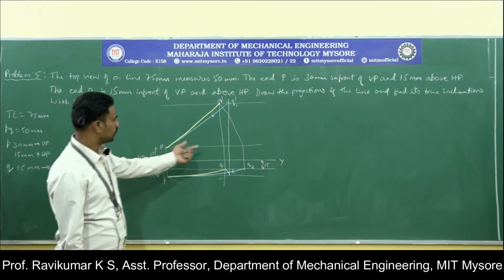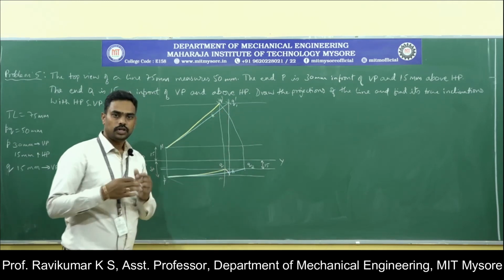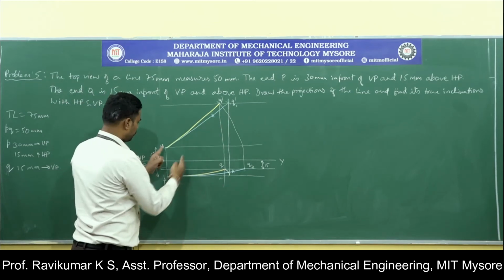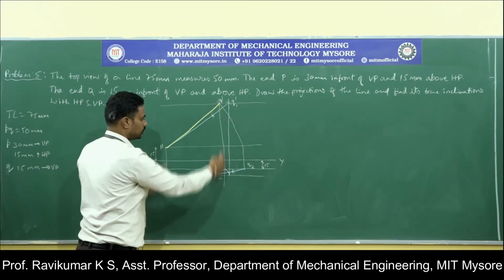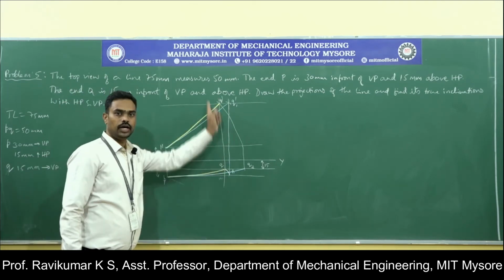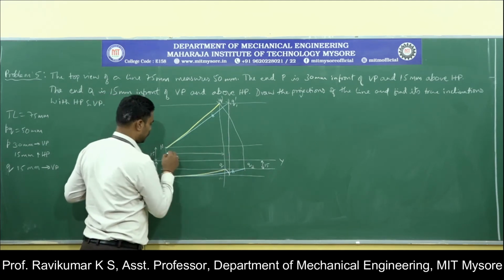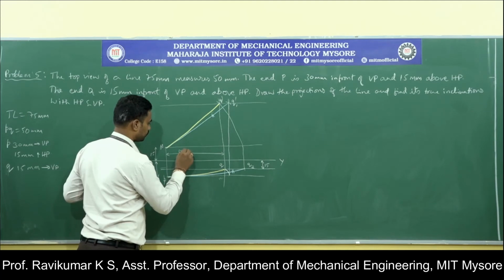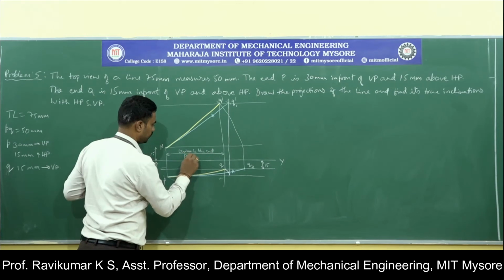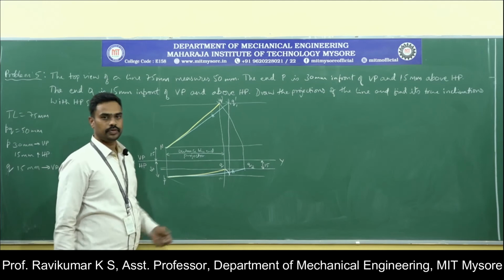Since here I have not drawn it to the actual scale, there will be a difference, but if you draw it to the actual scale, you should get these two parallel, and P dash P should be in line and Q dash Q should be in line, and that distance is called as distance between end projector.